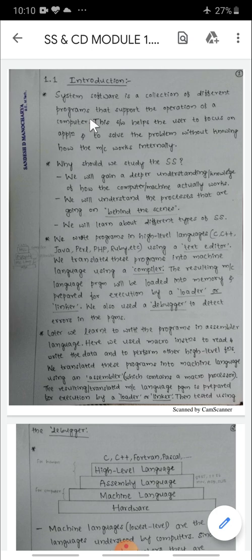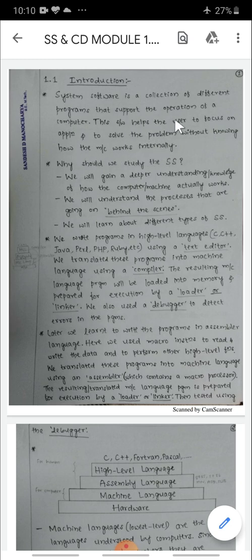As I just told you, it supports the operation of the computer, and this software helps the user to focus only on his application or his problem, and to solve the problem without knowing how the machine works internally.